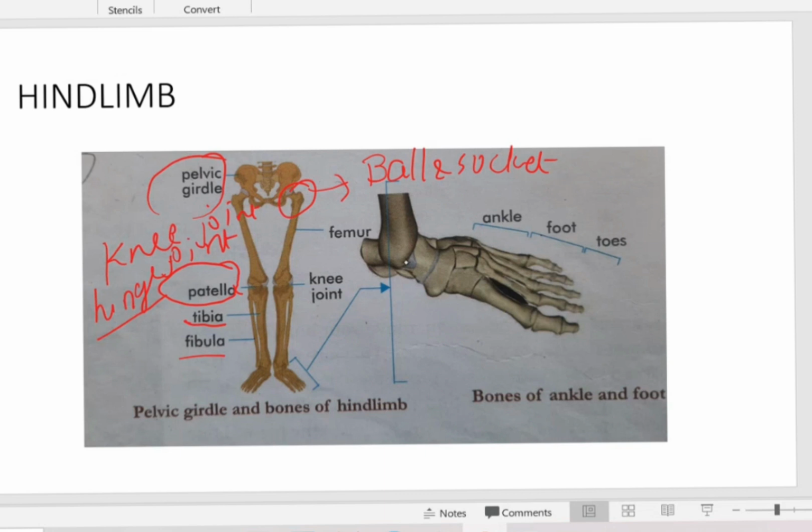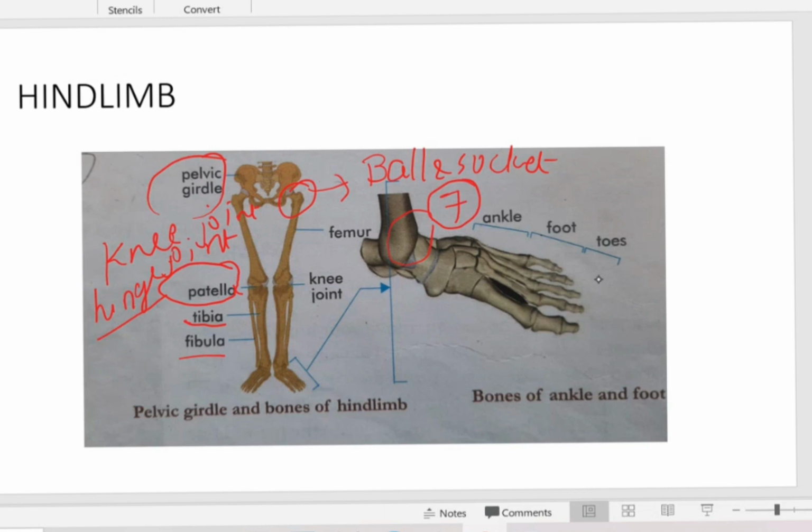Coming to the down part, this is your foot. Like the wrist, here the ankle is there. This part is packed with how many bones? Total 7. In the wrist it was 8. Here 7 are interlocked. And after that you have the foot part.